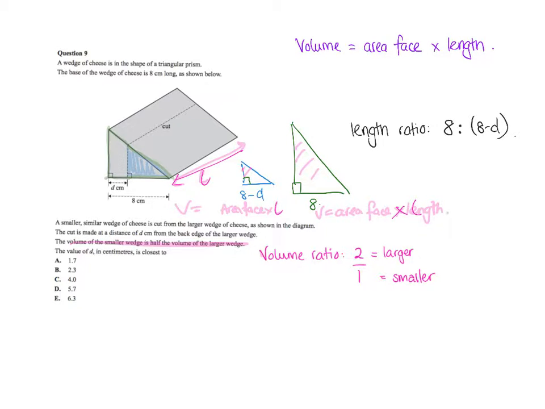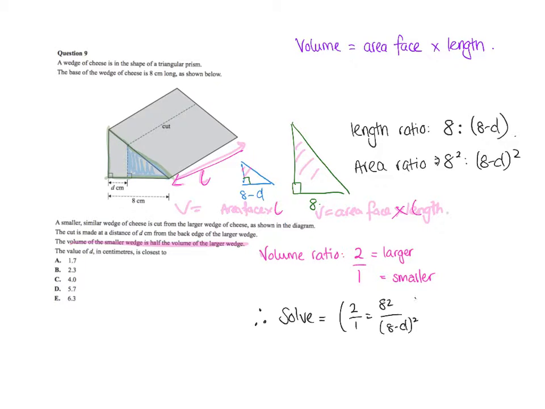So we're going to find their area ratio using the numbers. Remember, we get that by squaring 8 and 8 minus d. That's what's similar. And because we know their volume ratio is 2 to 1, we can solve it and say 2 over 1 must equal 8 squared over 8 minus d squared.